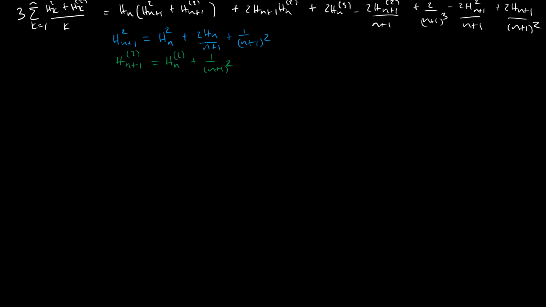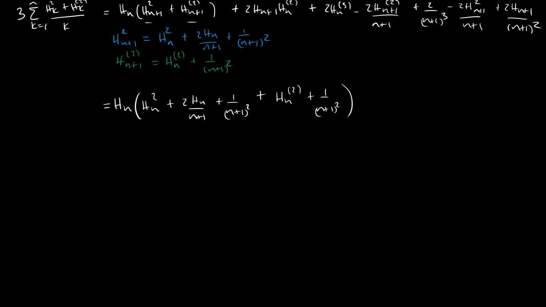What that means is that in place of this, we're going to have Hn squared plus 2Hn over n plus 1 plus 1 over n plus 1 squared. And in place of this, we're going to have, okay, so that part is done.